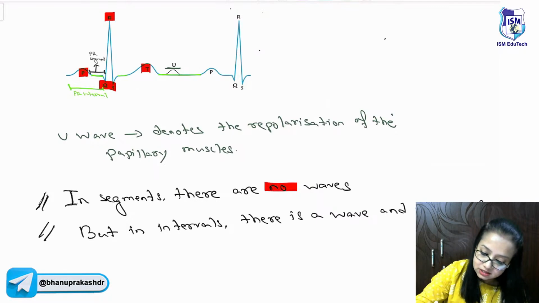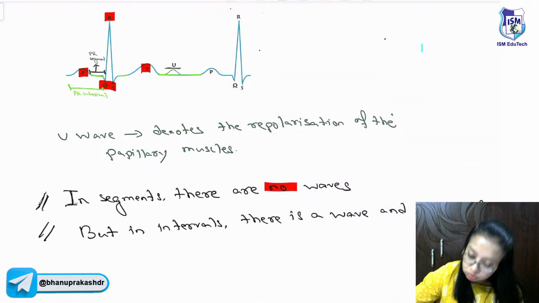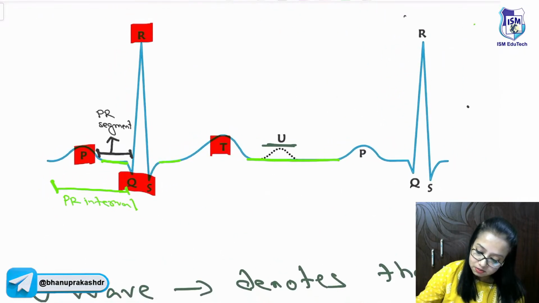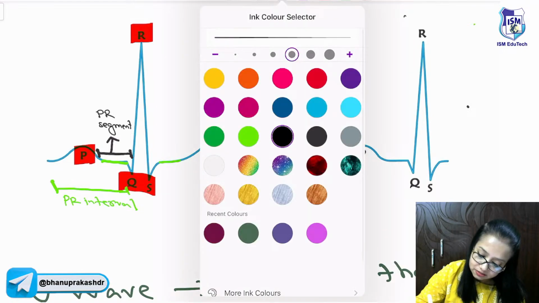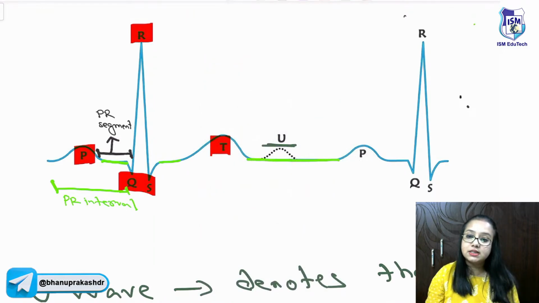This is the main difference. There is a wave and a segment. So as you can see here, going back to this picture, in the PR interval, we do have the P wave and the PR segment.